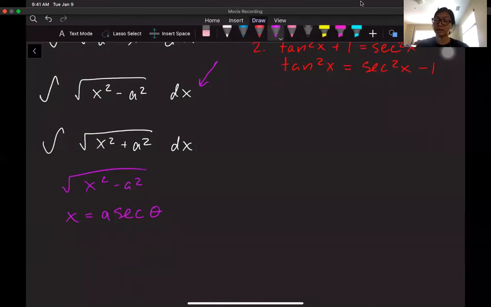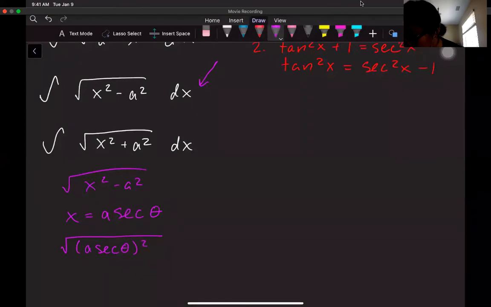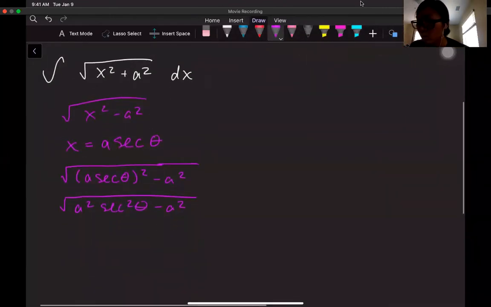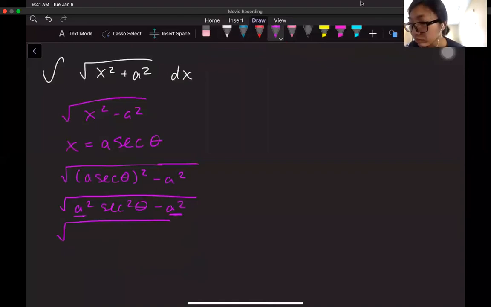When I do the substitution, I'm going to end up with the square root of, I let x be equal to a secant theta, so now I'm going to have a secant theta, all of that squared, minus a squared. Some simplifications yield a squared secant squared theta minus a squared. More simplifications. Now what we notice is I can factor out an a squared.